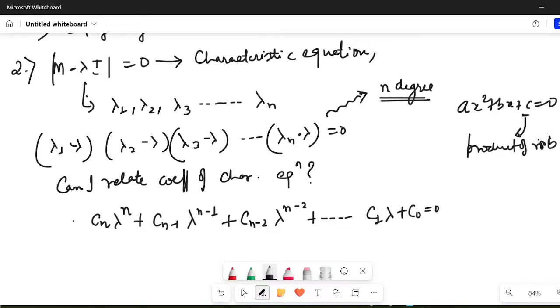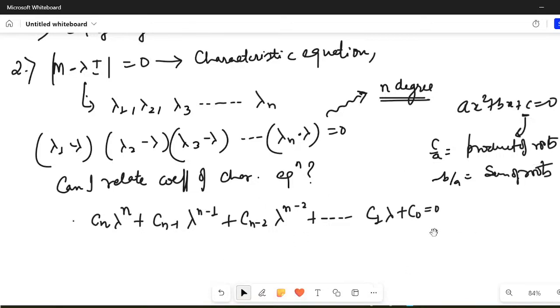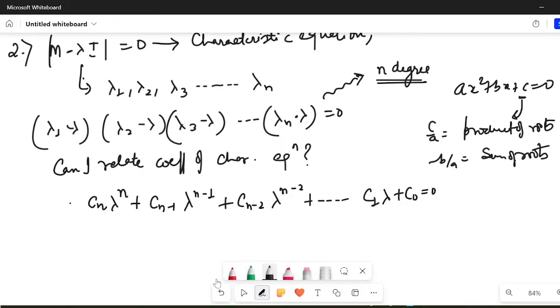You can represent c by a as the product of roots, and minus b by a as the sum of roots, for a quadratic equation. Similarly, for an n-dimensional equation, we can do a few things. The first thing is the last constant, C naught. This C naught can be related as the product of eigenvalues.